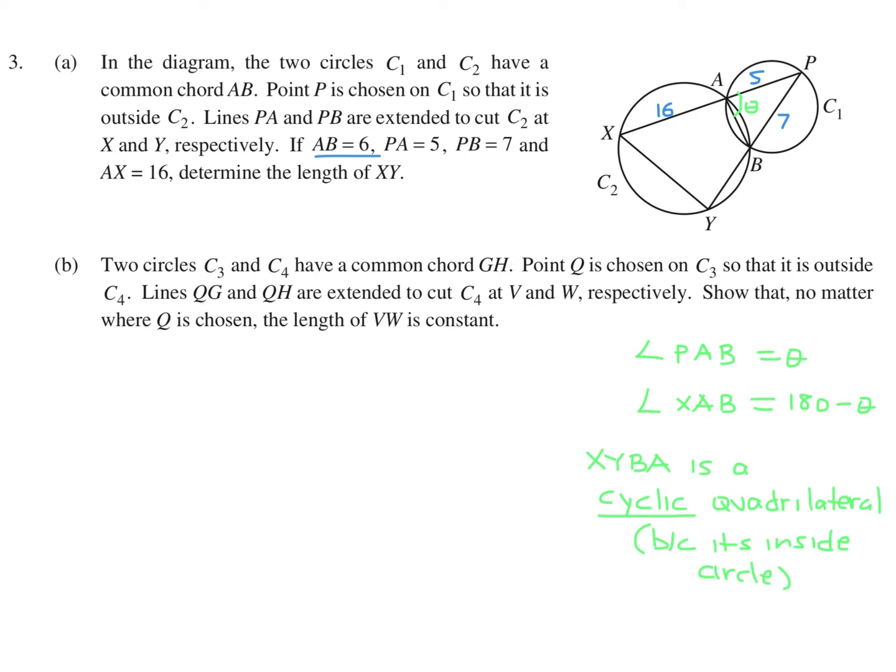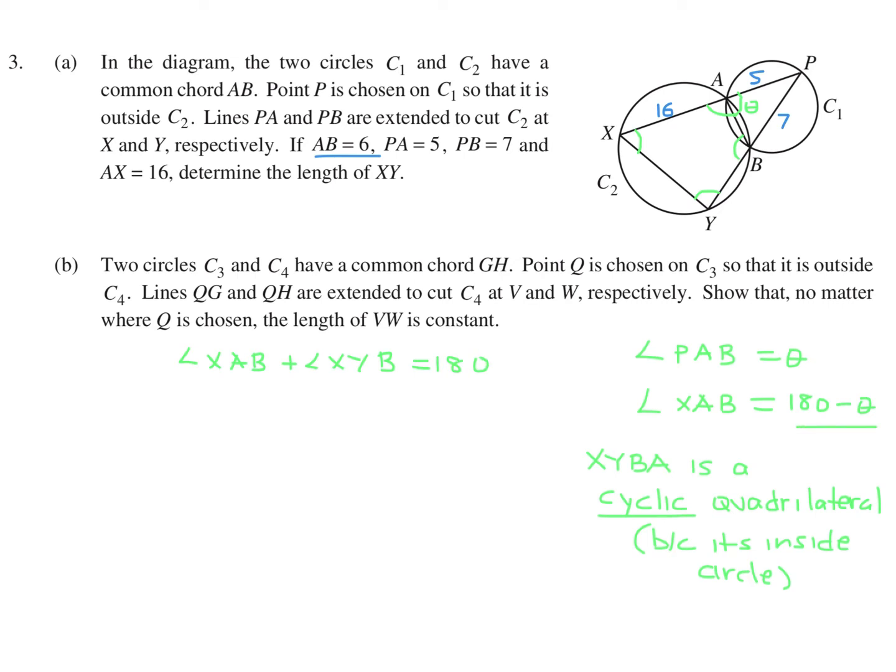So why is that important? Because in a cyclic quadrilateral, the opposite angles add up to 180. So that angle and that angle would add up to 180. That angle and that angle would add up to 180. So that means that angle XAB plus angle XYB would add up to 180.